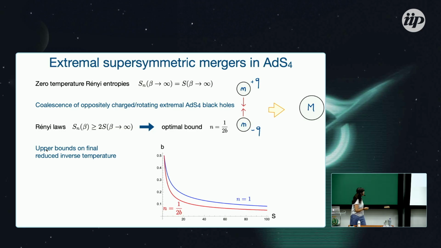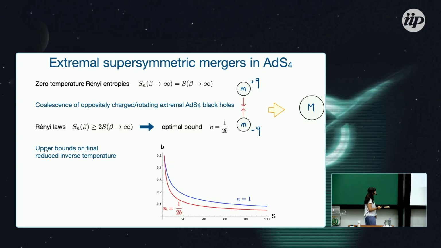Maybe I will speed up a bit. One can do it in general. Other simple cases where one can get simple results to present are, for instance, supersymmetric extremal mergers. This is because, in the zero temperature limit, the Renyi entropies all coincide with the entropy.